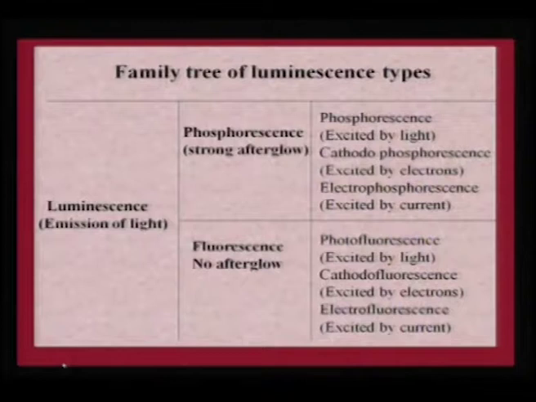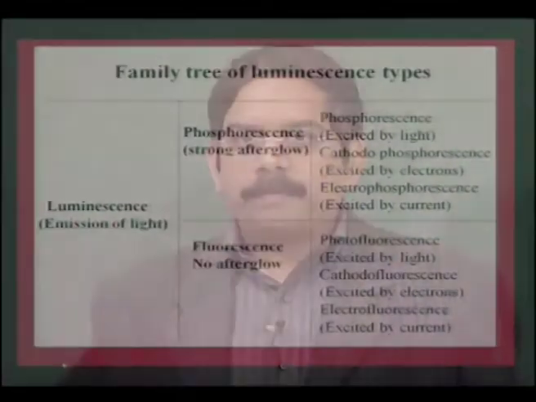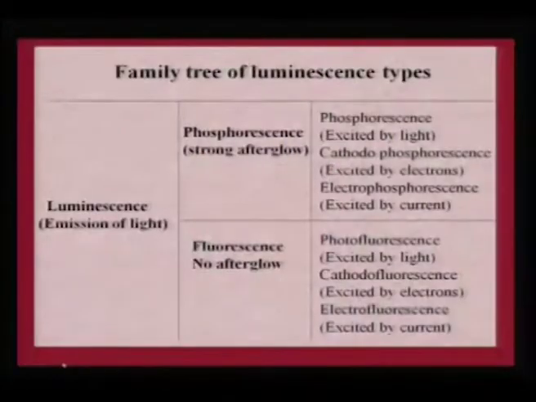Therefore, there is no afterglow, it just rapidly quenches. Then you have a spin forbidden transition which is called phosphorescence, and because of its spin forbidden nature, it is a slow emission process. Therefore, we can call this a strong afterglow.